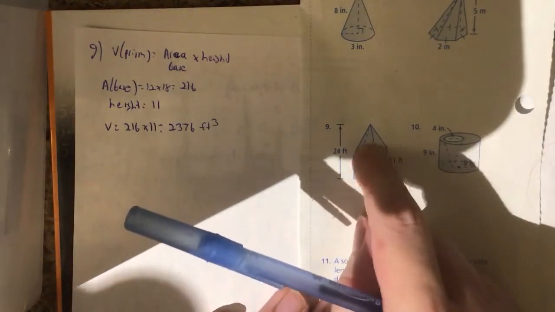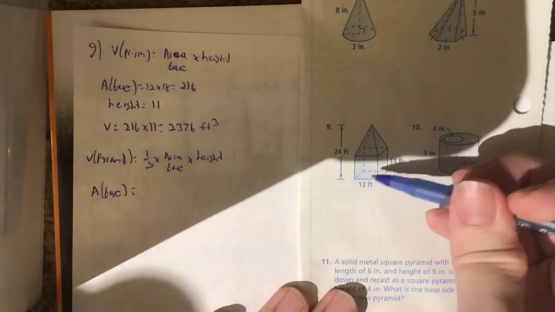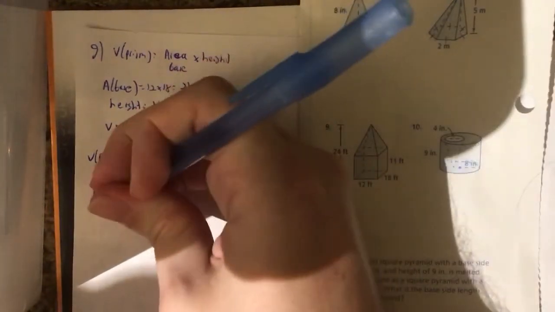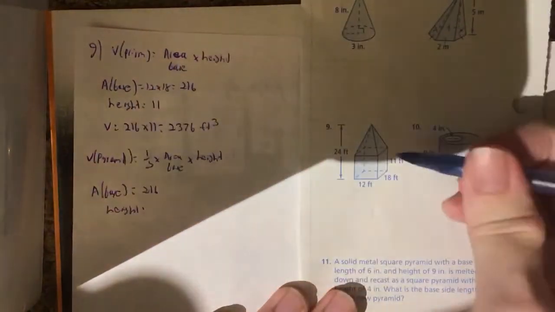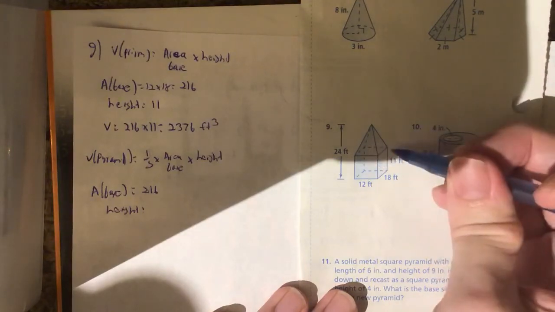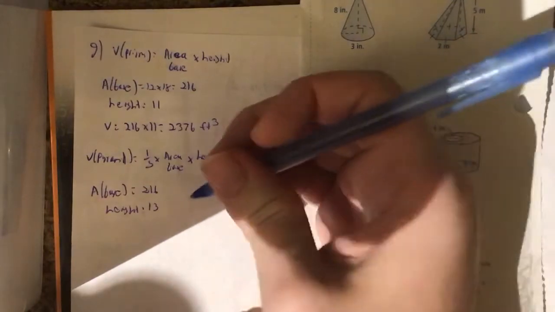Now we have to do the volume of the pyramid. Remember, volume of a pyramid is 1/3 times the area of the base times the height. The good thing is we already know the area of the base. The area of the base is the same as the area of the prism. That is 216. The height, if this is 11 and the whole thing's 24, then the height from here to here is 24 minus 11, which gives us 13. So now I just substitute it into my formula.